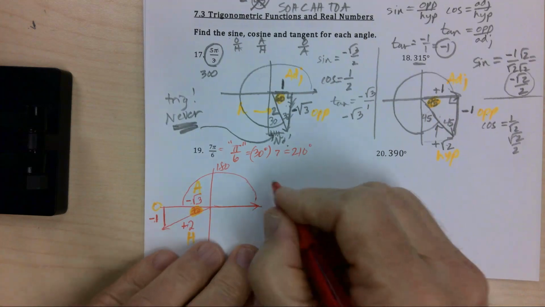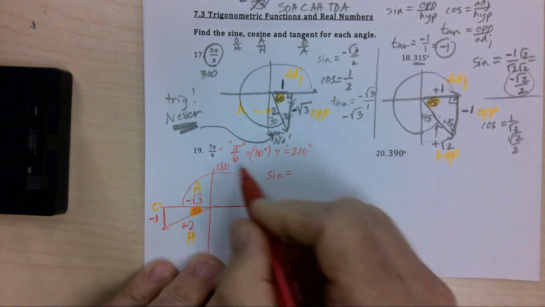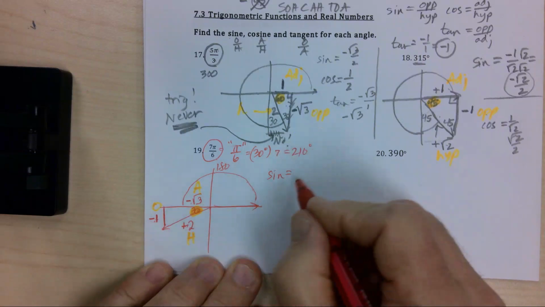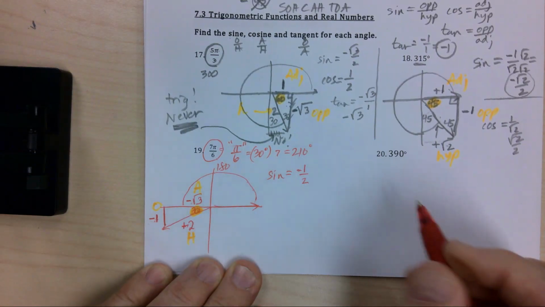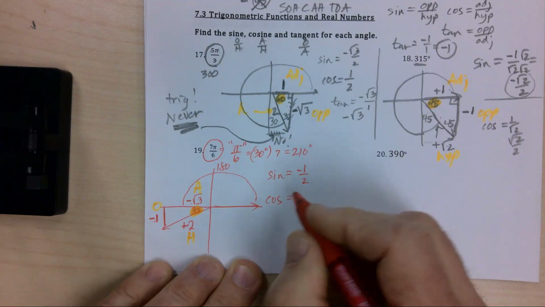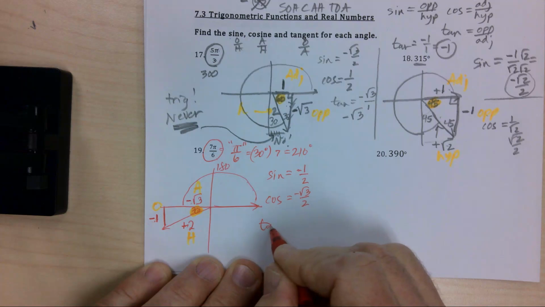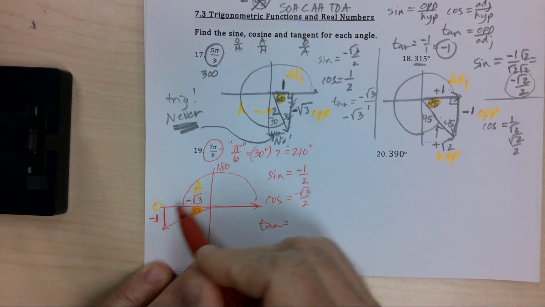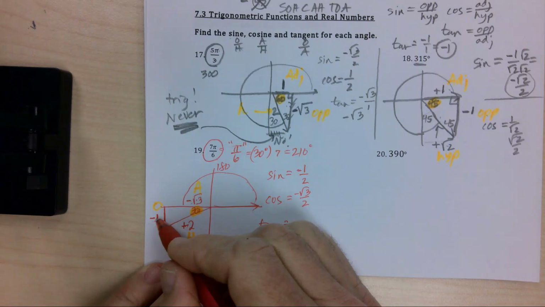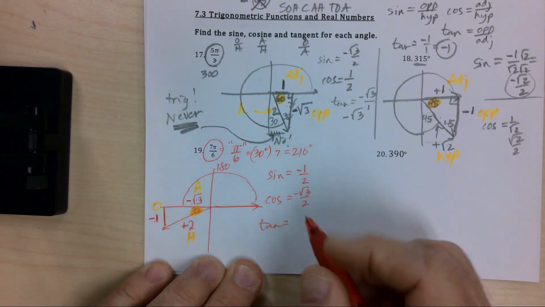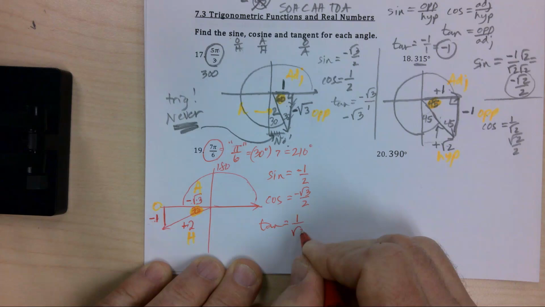So, what is sine of this whole spin? Well, it's opposite over hypotenuse. Cosine, adjacent over hypotenuse. Tangent, opposite over adjacent. A negative divided by a negative is positive, so I'm not even going to worry about it. So it's 1 over the square root of 3. Well, maybe I should put them in there just to show my steps.